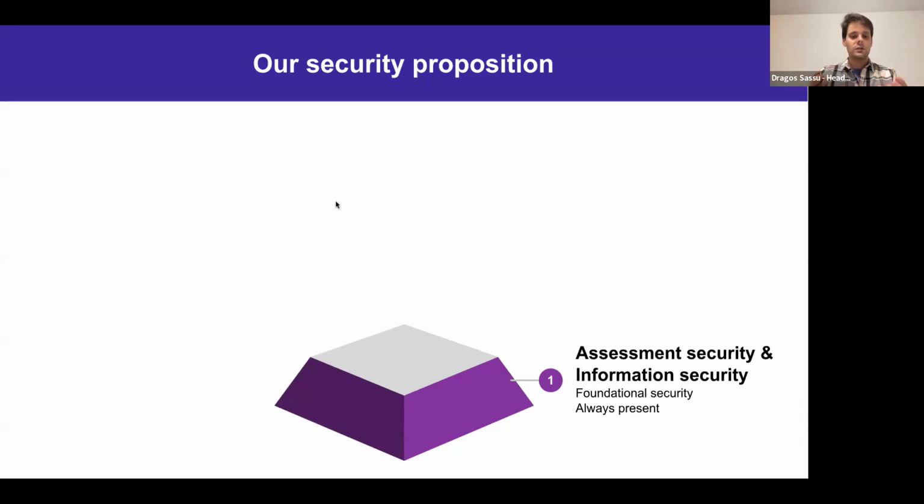So that's why information security for us is a prerequisite for anything that we're going to update in the future, because we are aware that we are operating with sensitive information.